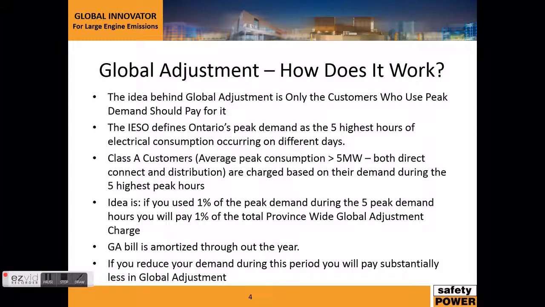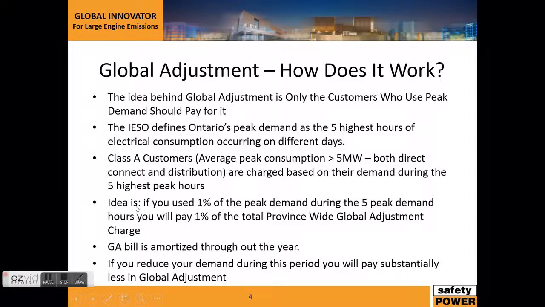What that means, if you're to take your peak consumption in January, take your peak consumption in February and March, and so on, and average all those peak consumptions together over the year, if they're greater than 5 megawatts, you are considered a Class A customer for global adjustment. And it's important to note it's irrespective of whether you're direct connect or a distribution customer. If you meet that threshold, you are considered a Class A customer.